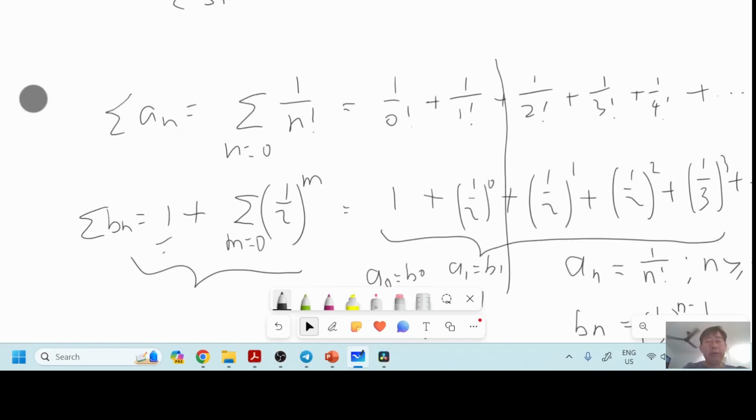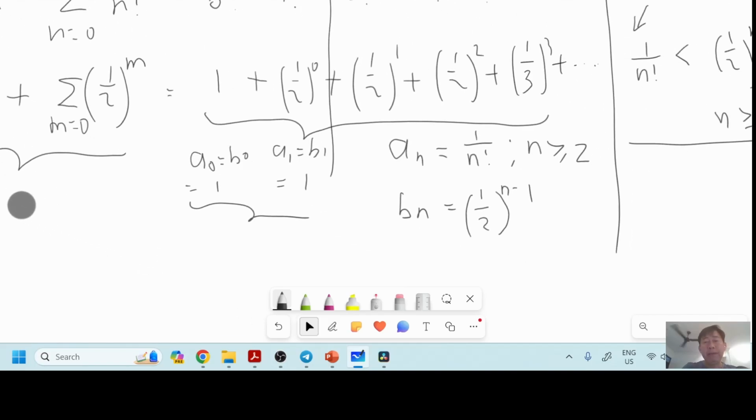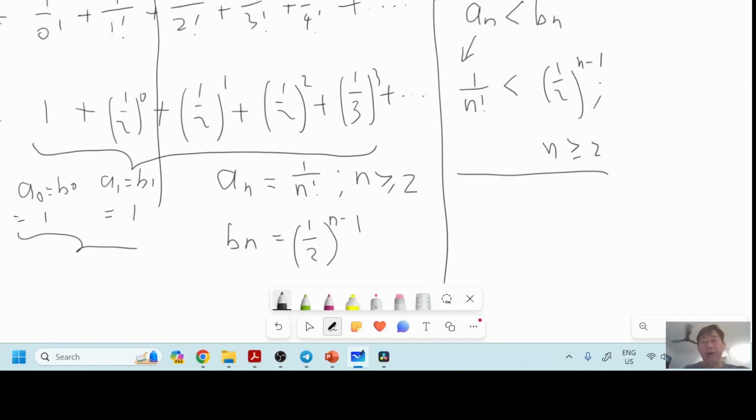Writing down the series of An and Bn in this manner and making a comparison for all the terms term by term, we find that the terms in the series Bn are always larger than or equal to An: equal when n is 0 and 1, but for n larger than or equal to 2, the terms in Bn are always larger than An.